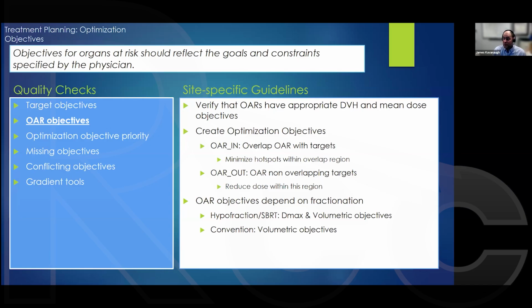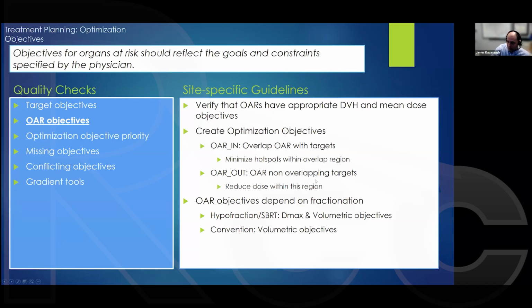Sometimes we need to create optimization objectives and structures. For instance, in our clinic, if there is overlap of an OAR with targets, our dosimetrist will sometimes split that OAR into two independent structures: an OAR that's within the target and an OAR that's outside of the target. The part that's in the target is then controlled to get prescription dose, but not a hotspot, so minimizing hotspots in that overlap region with target OARs.